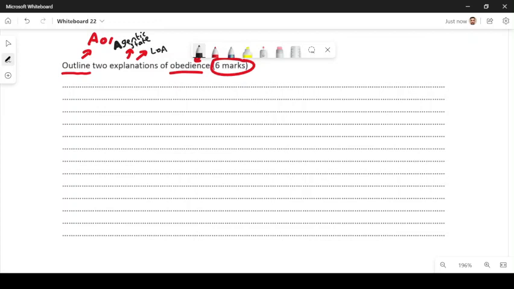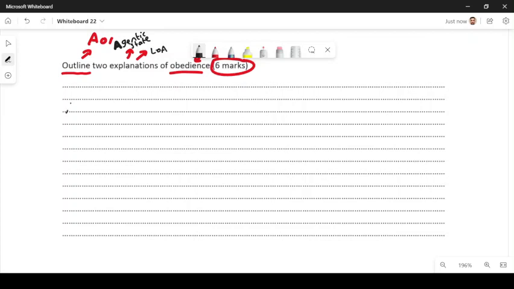So in terms of outlining the 2 explanations, again, I would pause the video now, give it a go, answer it in full, see what you can remember, and then I will go through how I would personally do this. In terms of the bullet points, I'm just going to go through key phrases, key words that I would personally include for my question.